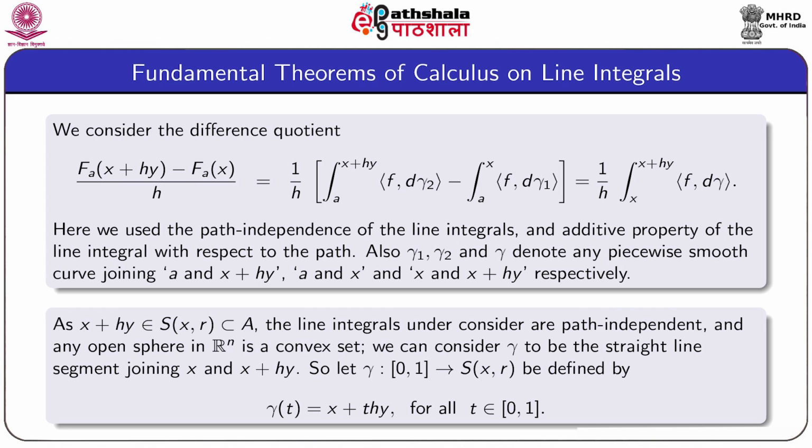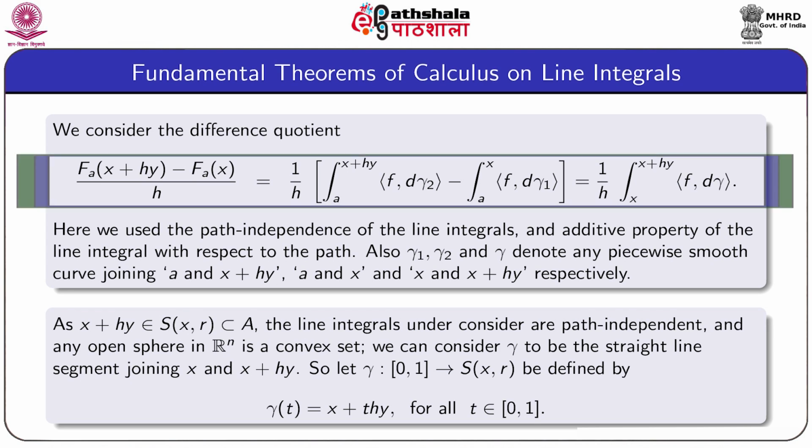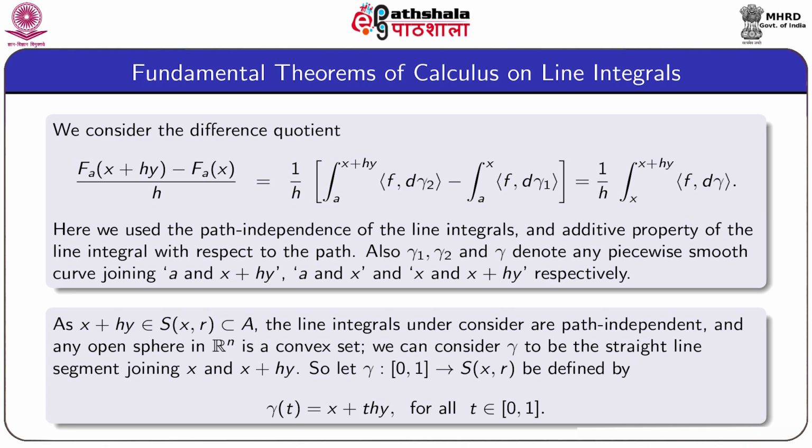We consider the difference quotient f_a(x + hy) minus f_a(x) by h. So it equals 1 by h times the line integral from a to x + hy of f dγ2, subtracted by the line integral from a to x of f dγ1, which equals 1 by h times the line integral from x to x + hy of f dγ.